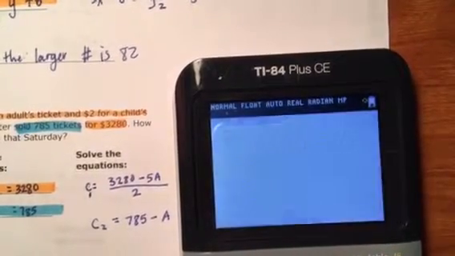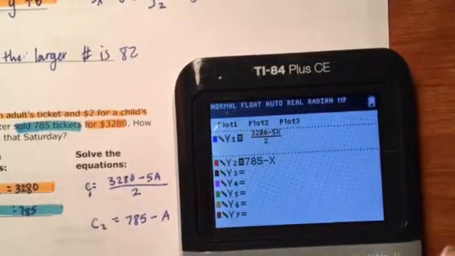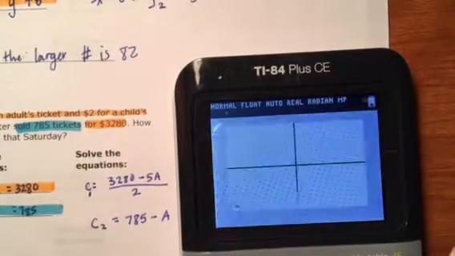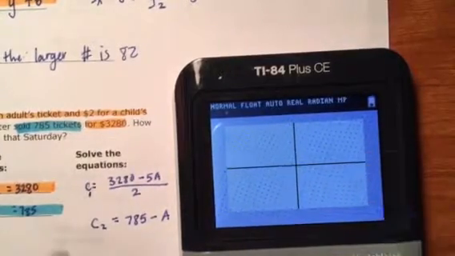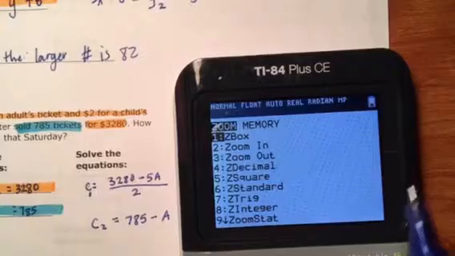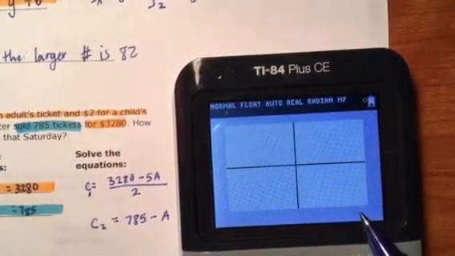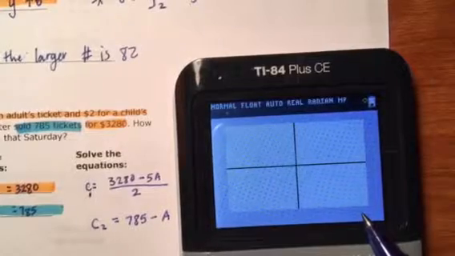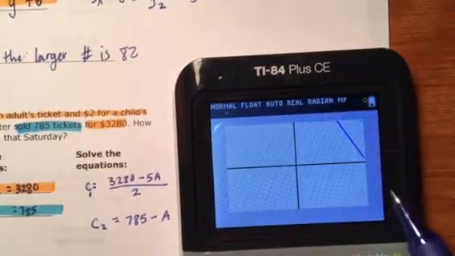Let me go see what happened, because it's not graphing. Okay, let's try that again. Graph. Okay, so it's zoomed, so I'm going to have to zoom out. It's taking a long time.